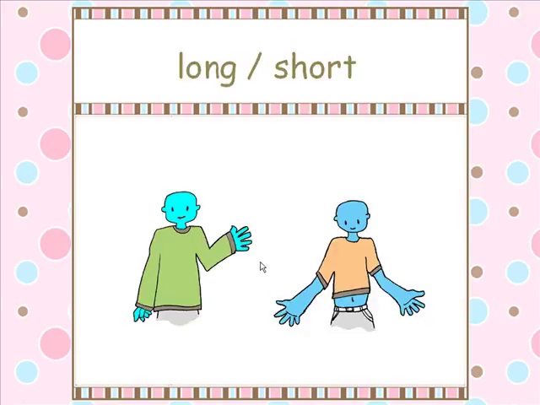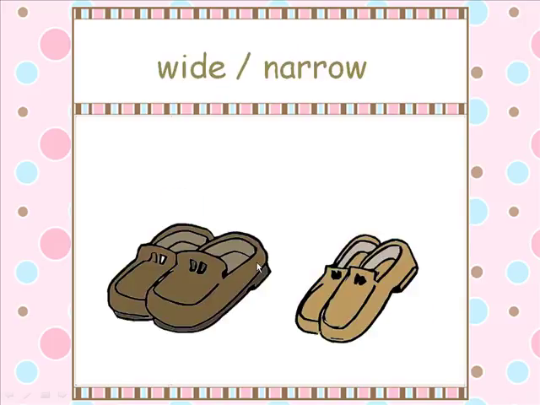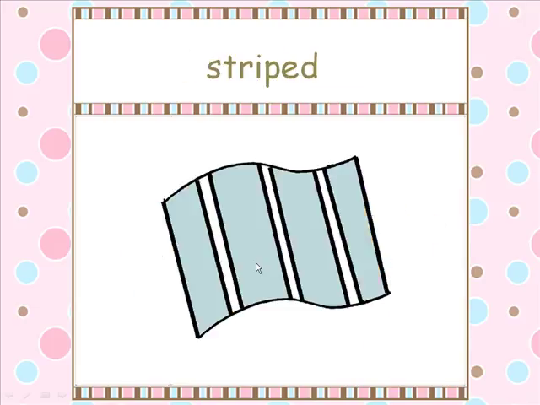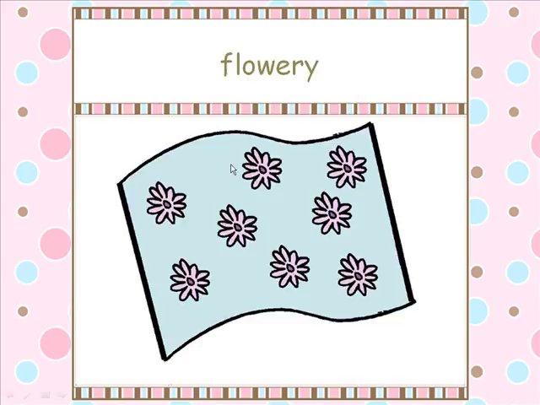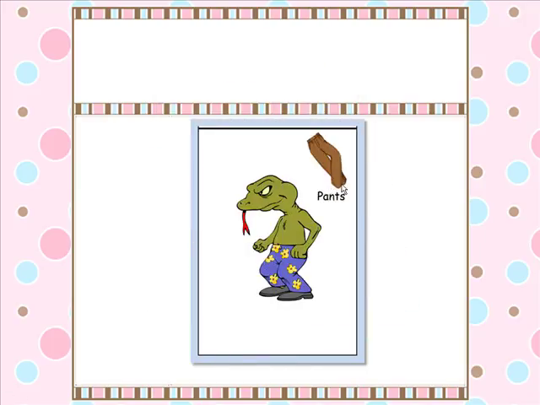Low, long and short, wide, narrow, large, small, striped. And look at this picture. What is the dinosaur wearing, or the dragon wearing? They're going to say a striped tie. And this is flowery.